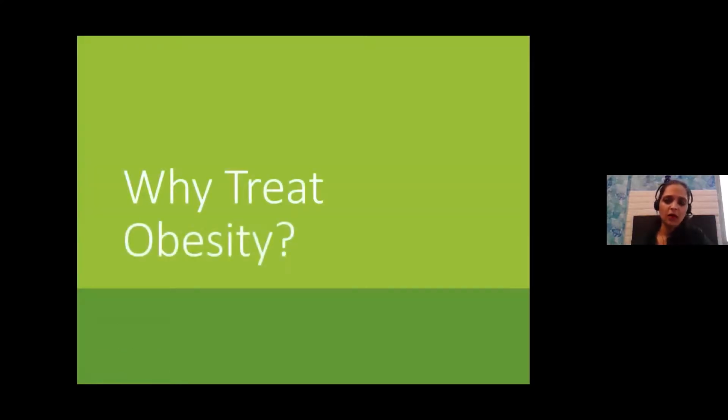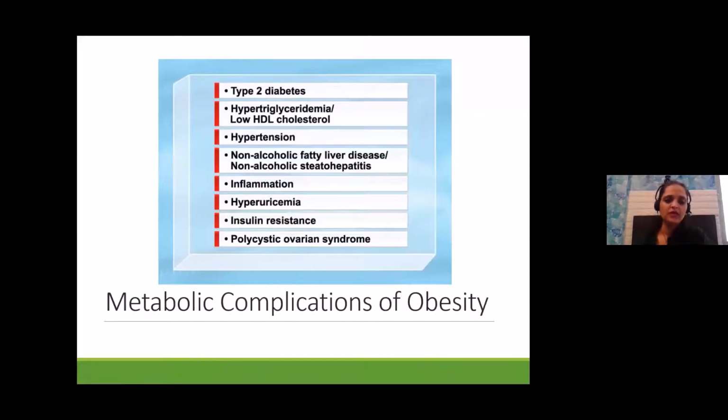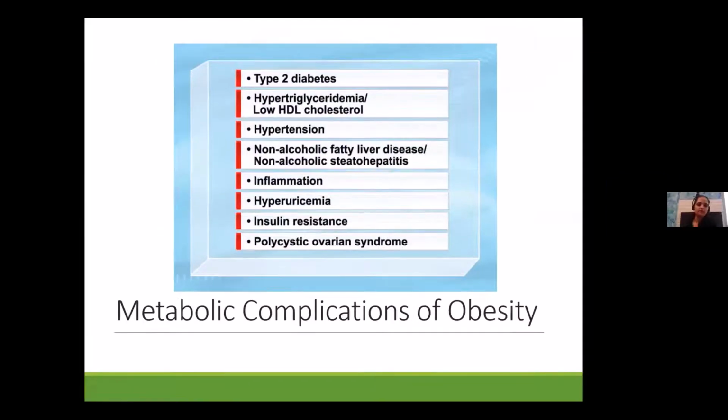Why is it required to treat obesity? We would definitely know that there are complications that obesity comes along with. We would be dividing into two aspects as metabolic and more of mechanical. The metabolic complications involve a complex role of hormones, with the adipose tissue being an active tissue releasing hormones and having an interplay on the endocrinology of the body.